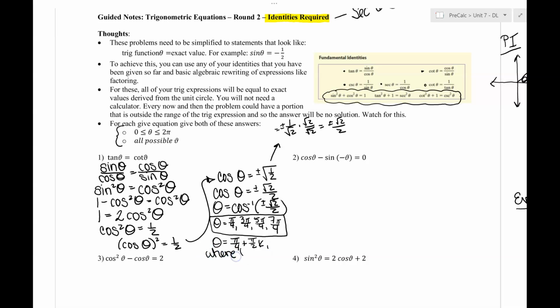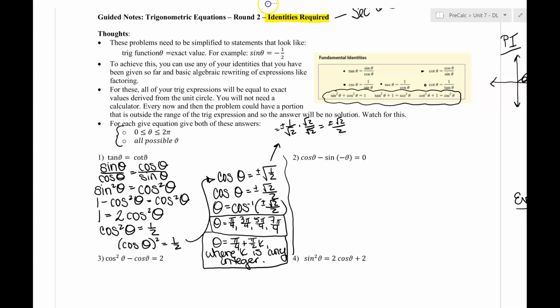So that is my infinite amount of answers, and it is included in there. Okay, so for that one, we didn't use any of the fancy Pythagoreans or the even odds, but we did get to use tangent equaling sine over cosine and cotangent.